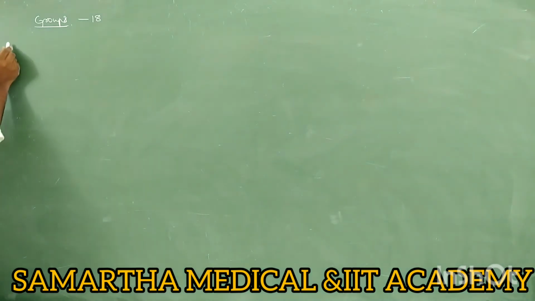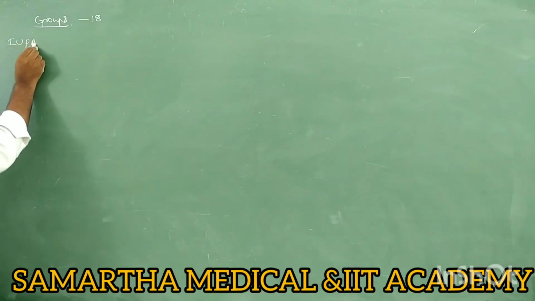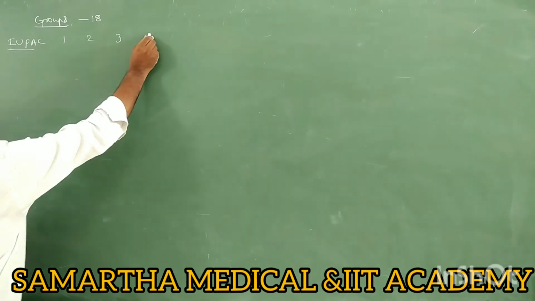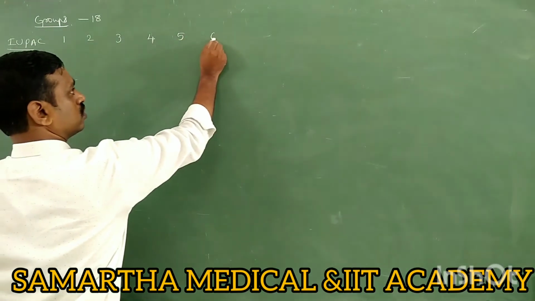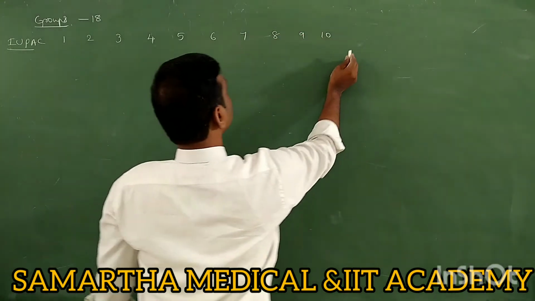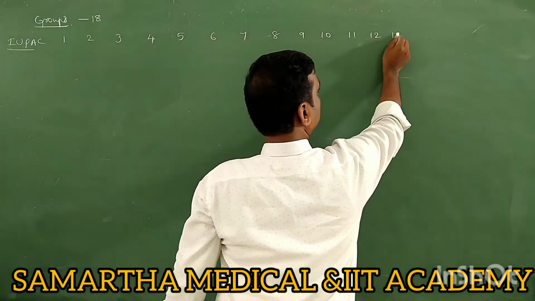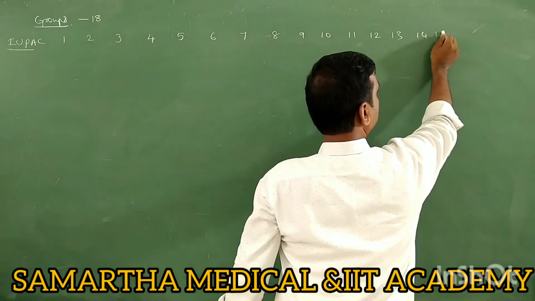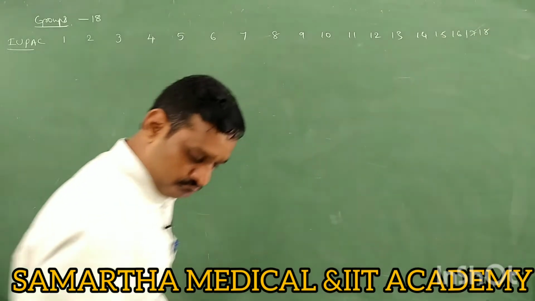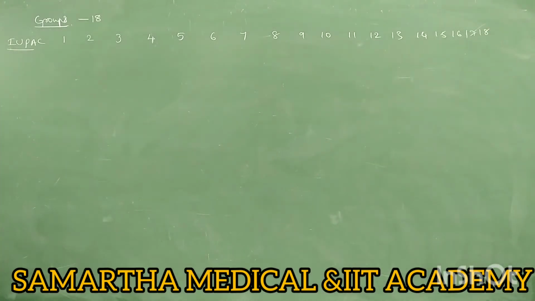According to IUPAC, the groups are 1, 2, 3, 4, 5, 6, 7, 8, 9, 10, 11, 12, 13, 14, 15, 16, 17, 18. There are a total of 18 groups.